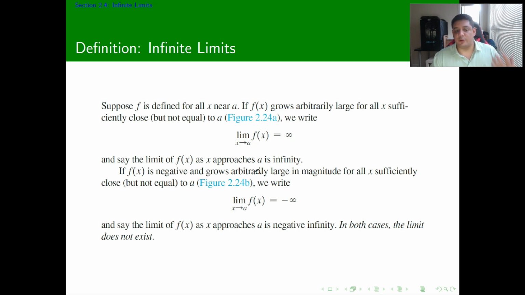If f of x is growing arbitrarily large in magnitude but negative for everything that is close to a, then we can say the limit when x goes to a of f of x is minus infinity. If the limit of f of x when x approaches a is negative infinity on one side and positive infinity on the other, then the limit is not going to exist.